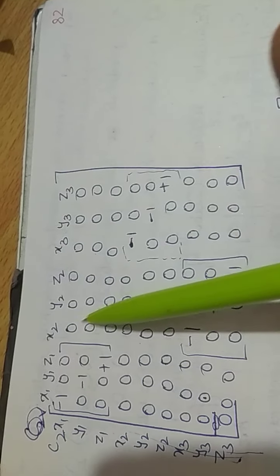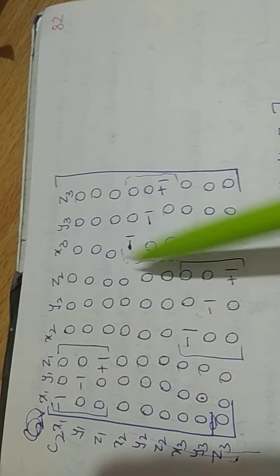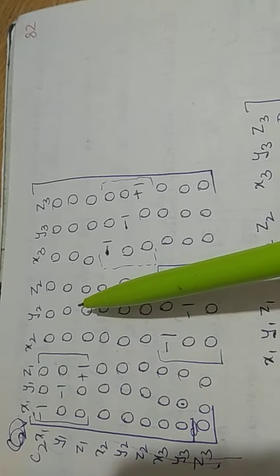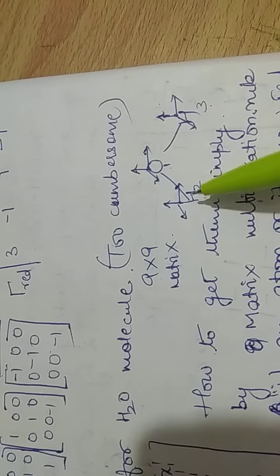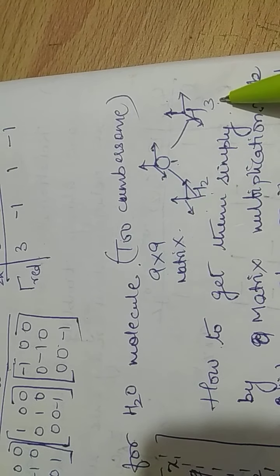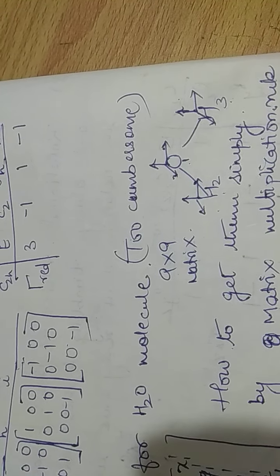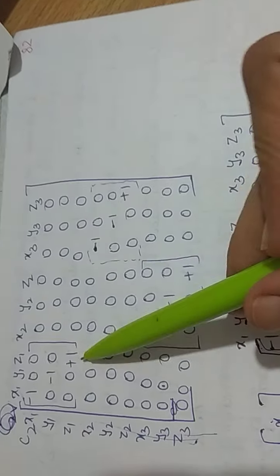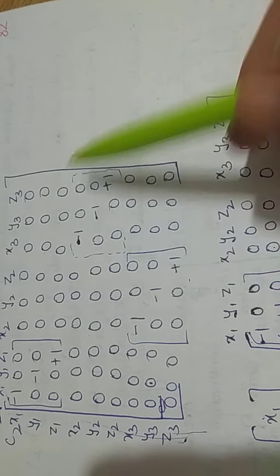Now let's see for hydrogen. If you apply a C2 for a hydrogen, what will happen? Hydrogen 2 will go to the place of hydrogen 3 and hydrogen 3 will go to the place of hydrogen 2. So we are going to show the 2 below 3 and 3 below 2, obviously.